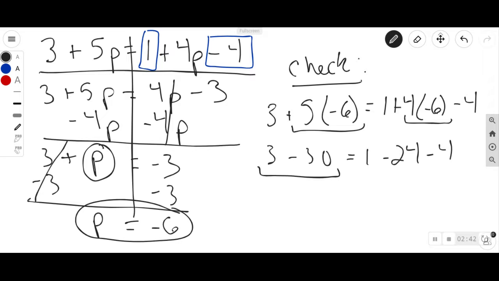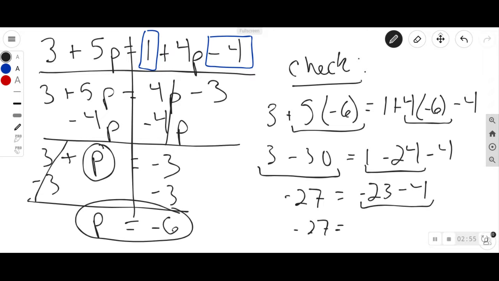So 3 minus 30, and then left to right on that, so that's negative 27 equals negative 23 minus 4. And then my last step, negative 27 equals, that's going to be negative 27. So it checks. So that means negative 6 is our solution.